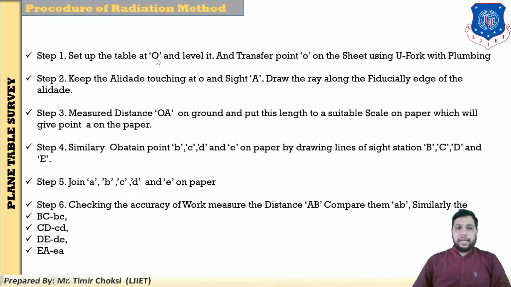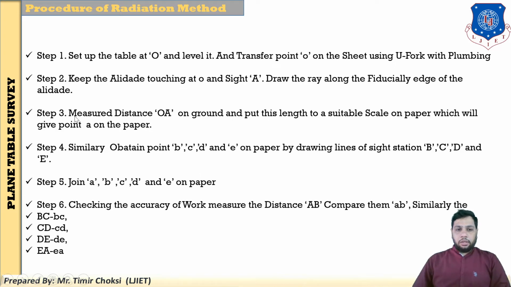You can clearly see here that a ground station point is written in a capital letter, and on the drawing sheet the corresponding point is written in a small letter with a comma. So the examiner can clearly understand which are the ground points and which are the sheet points. Similarly, keep the alidade touching at O and sight A. I have already repeated all the things, and I will explain everything in a figure. You should write this type of steps in the exam.